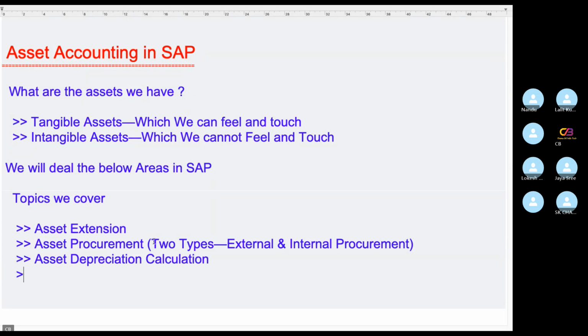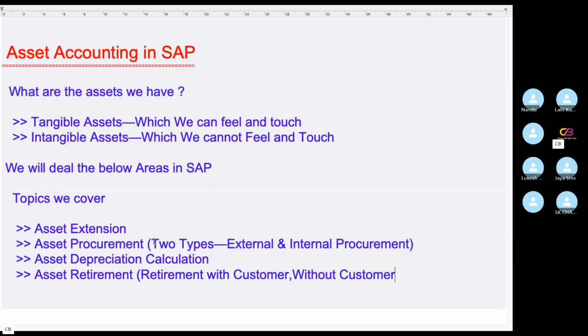Then asset retirement. So how many types of retirements do we have? Retirement with the customer, without customer, scrapping. Okay.